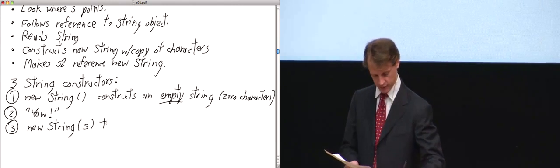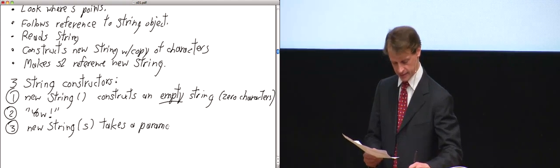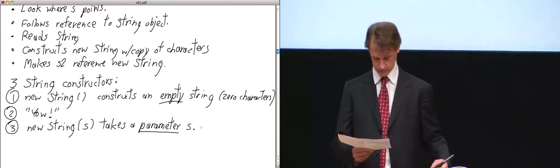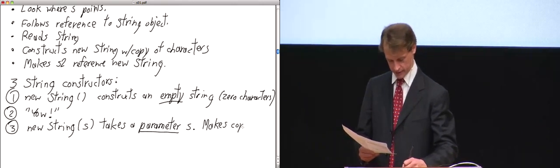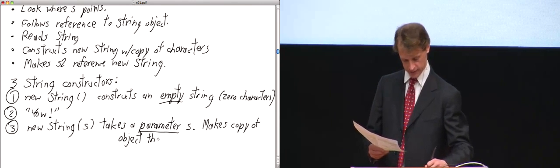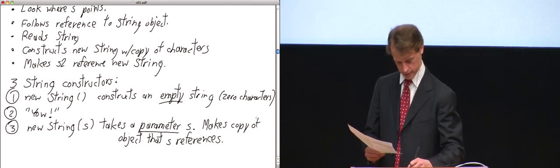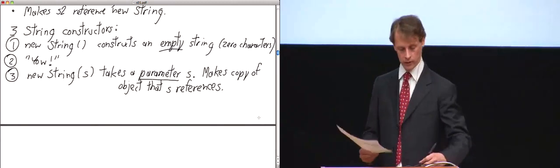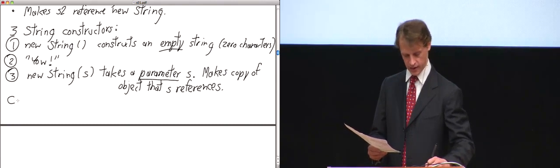And this one therefore takes a parameter. You've got to have a string parameter that you can pass in to call this constructor at all. And then that constructor makes a copy of the object that S references. Now, as a general rule, constructors always have the same name as the class that they construct.